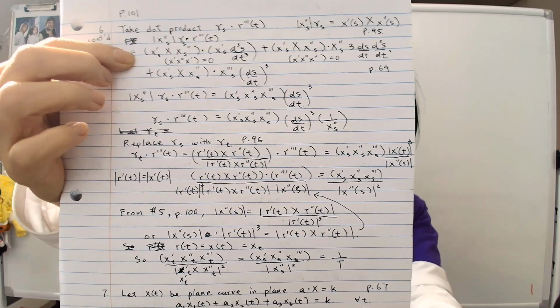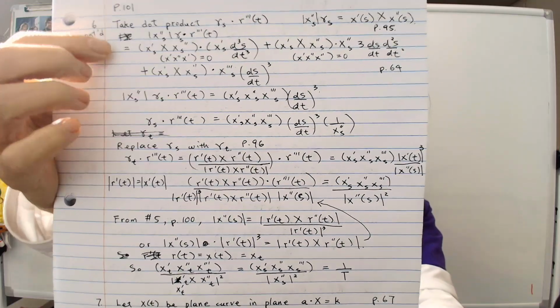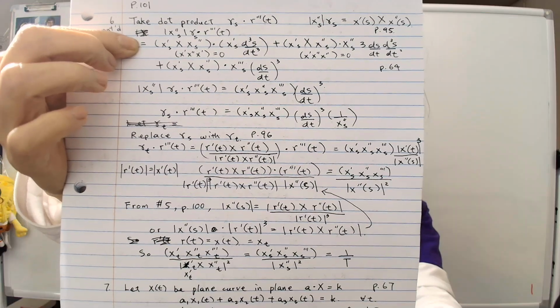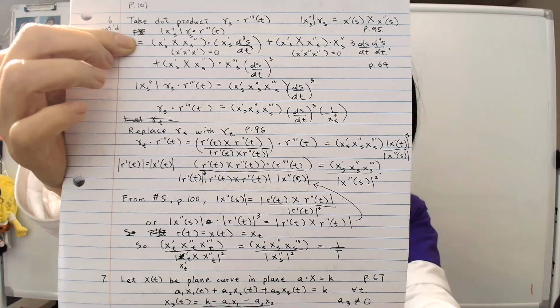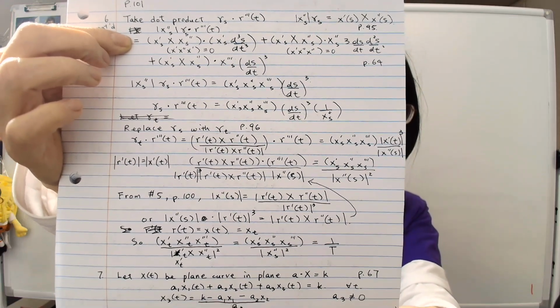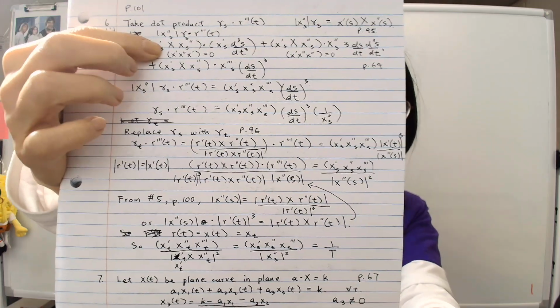So we get this thing, and we're dotting with the triple prime, so we have, let's see, okay, we have 3 terms.